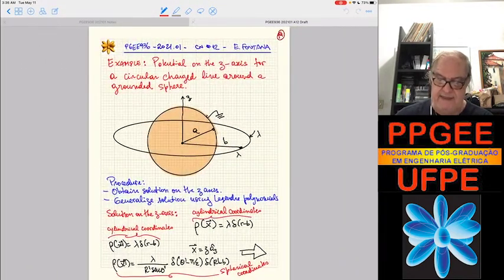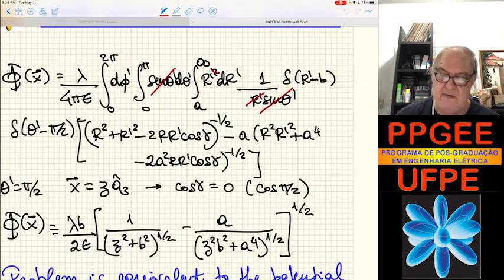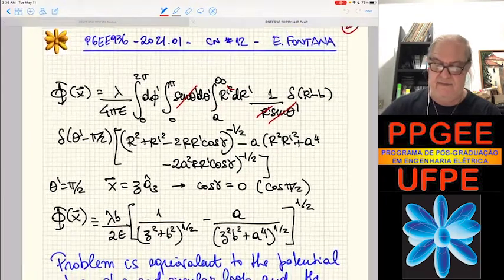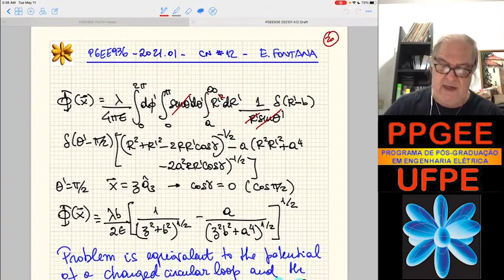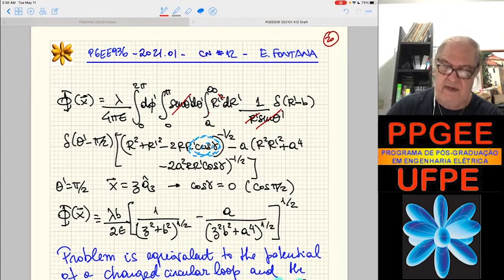So if we do that, we have this integral, just putting all the solid angles here: r squared dr, 1 over r sine theta, that's the density function. Cosine gamma is 0, so this term goes away, right?